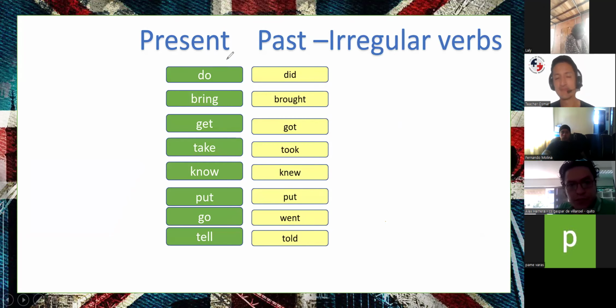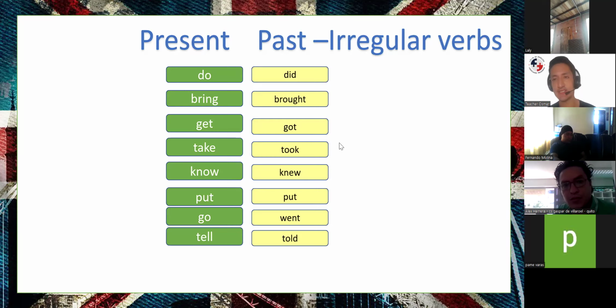No, en estas no se agrega ed, o sea, cambian la forma de escritura. Excellent, very good. Okay, the irregular verbs, I don't have to add ed. We need to identify and search the way to write it, right?